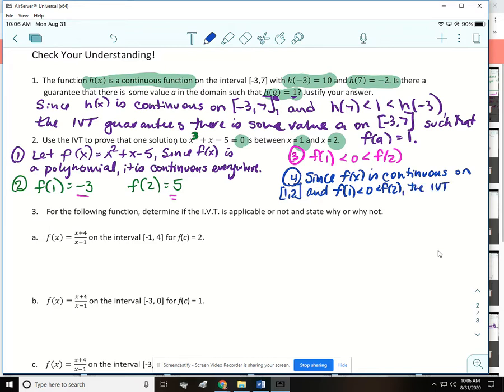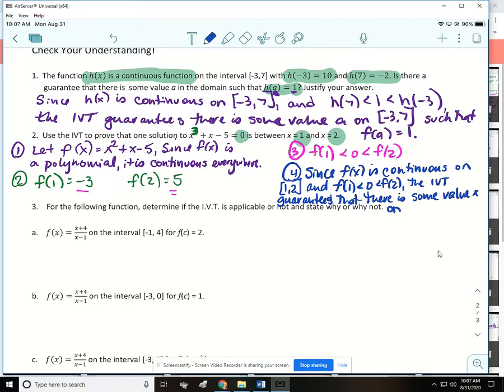The IVT guarantees that there is some value, and we're just going to call it x because it wasn't identified as anything else, on the interval from 1 to 2 such that f of x equals 0.